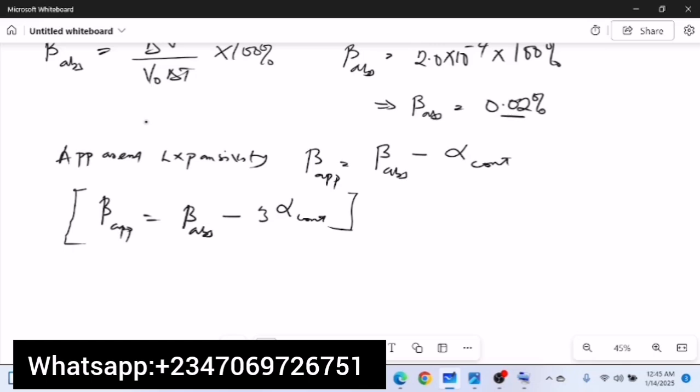But there is going to be an observed difference in the expansion of the container as well as in the expansion of the fluid. This difference is called the apparent expansivity. So whenever a question is given to you, if you're able to know the linear expansivity of the given solid and the absolute or real expansivity of the liquid, then we can find what? The apparent expansivity. Let's pick a question now to explain this term.